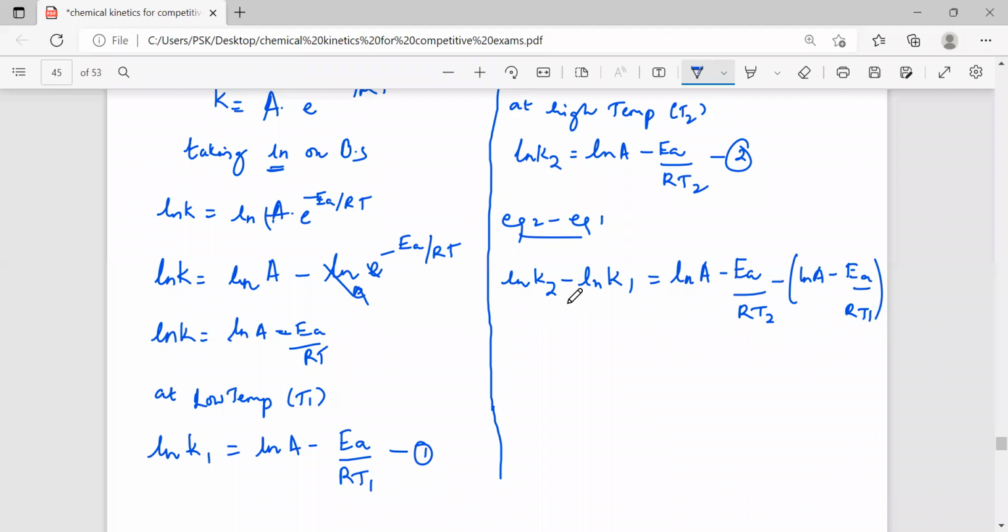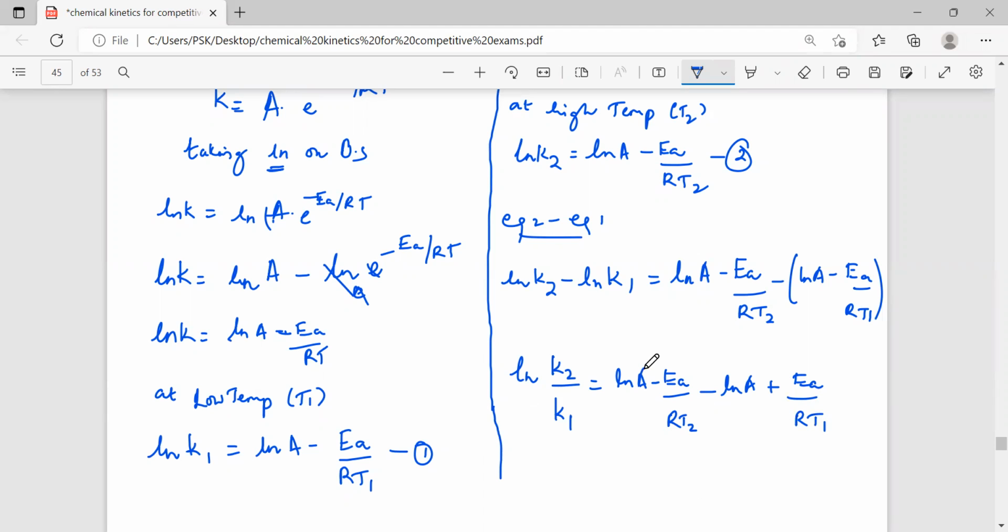So now log A minus log B can be written as what? Log A by B. So we can write this as natural log of K2 by K1. Now when you open the brackets, what happens? Natural log of A minus EA by RT2 minus natural log of A. This minus and this minus becomes plus of EA by RT1.